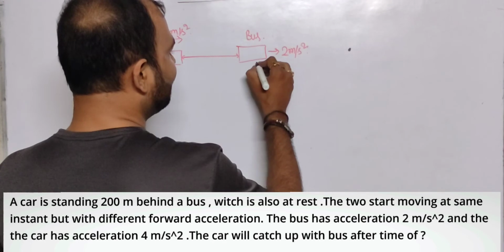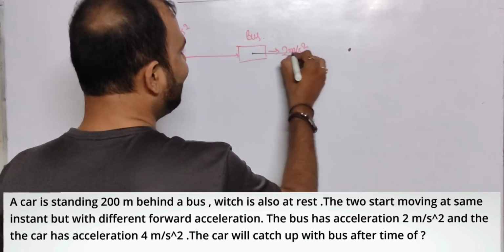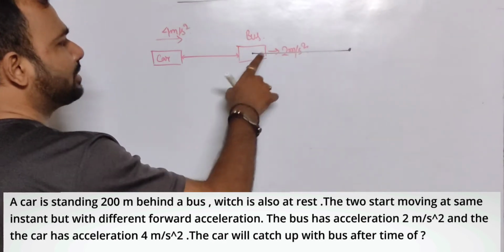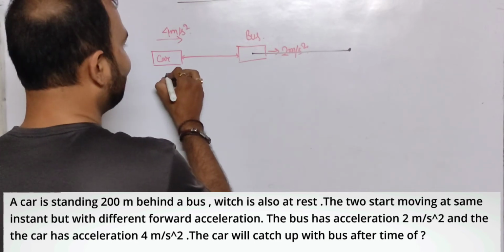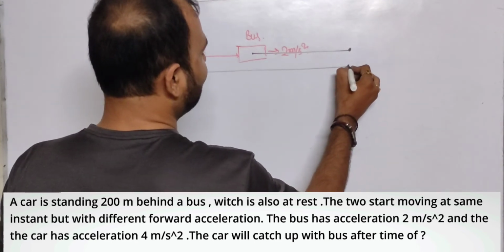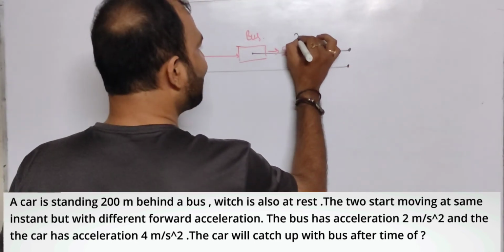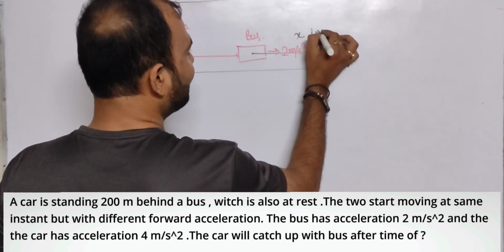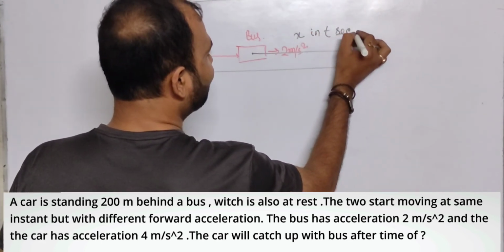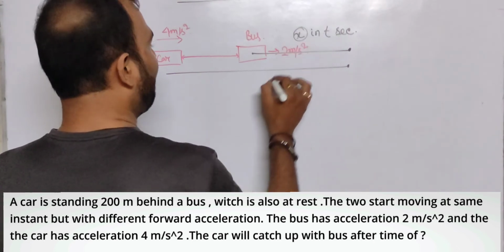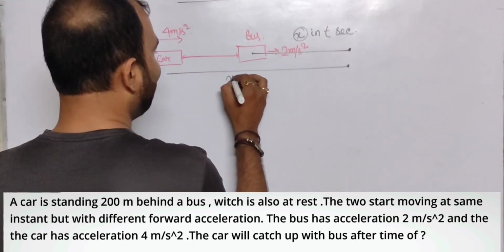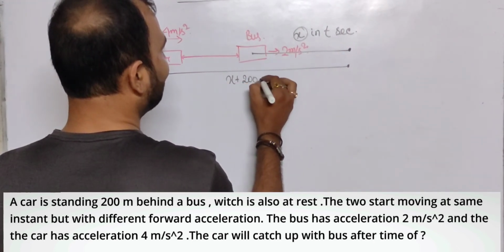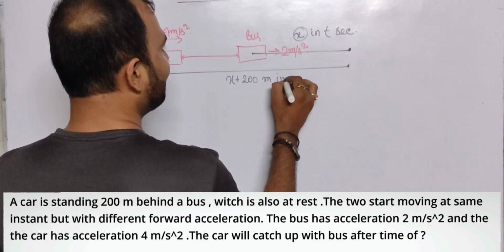Let us consider that in t seconds the bus comes over here, and in t seconds the car comes over here. That means the bus covers x distance in t seconds, but the car covers x plus 200 meters in t seconds.